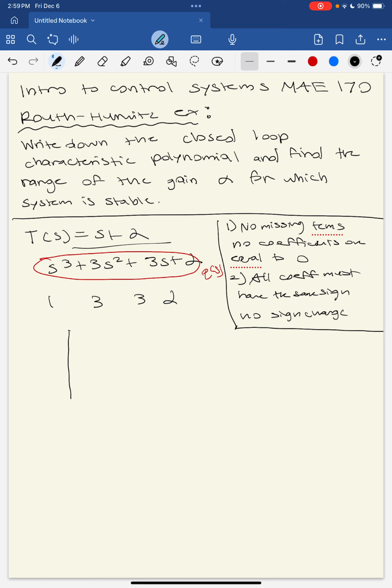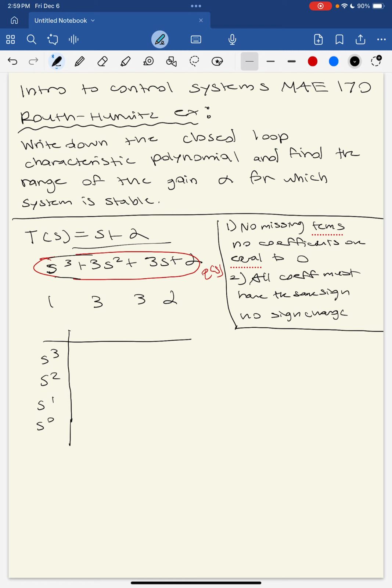And here we're going to have the criteria. So that's going to be S cubed. You always take the first power, which in this case is S cubed, right? Then S squared, S1, and then S0, which is basically your number.